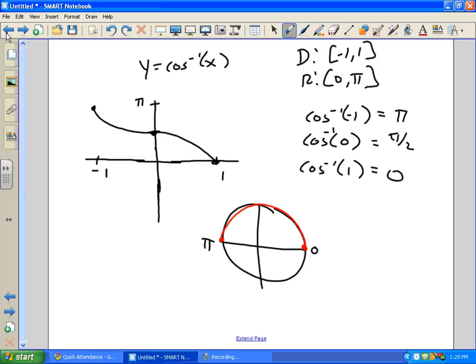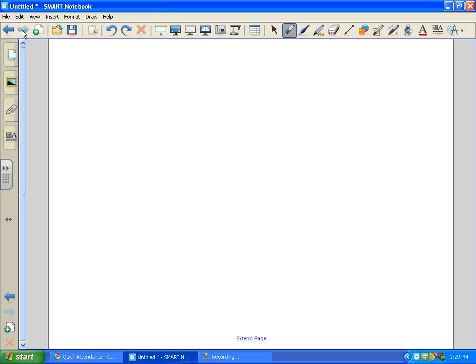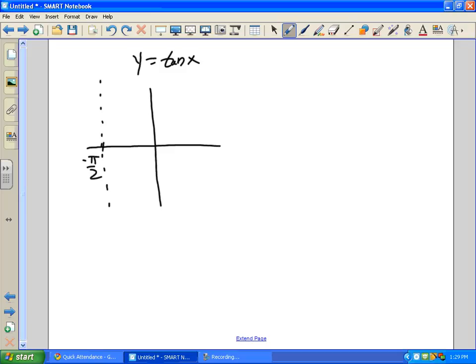Okay, so we get this. All right, and so now let's do the last one, and then we can look at problems and see what's going on. Let's look at the tangent function. The tangent function goes from -pi over 2 to pi over 2. And it looks like this. Is the tangent function 1 to 1?